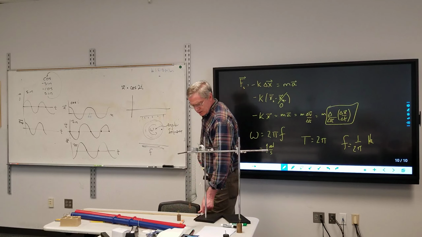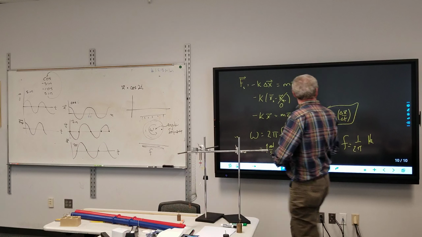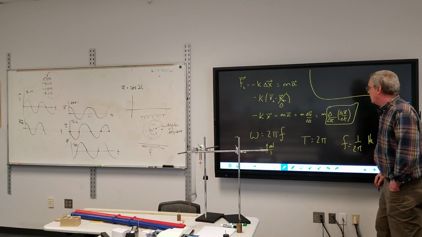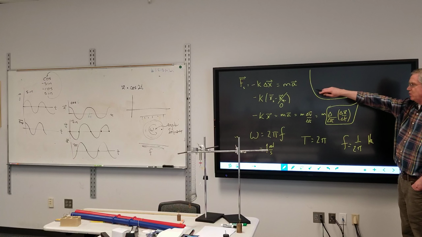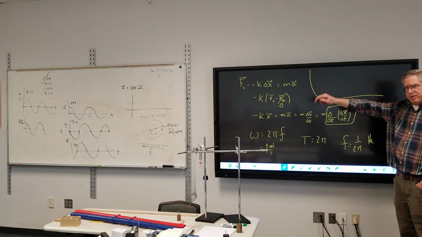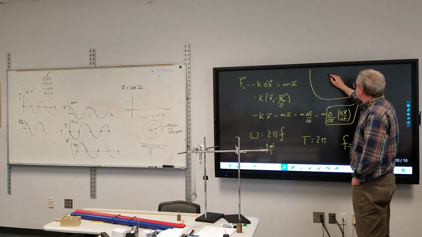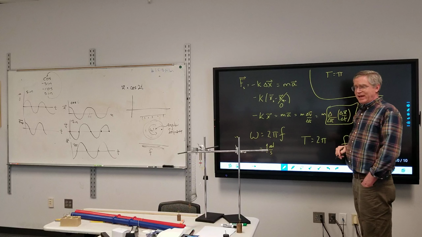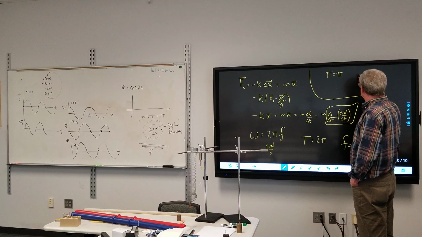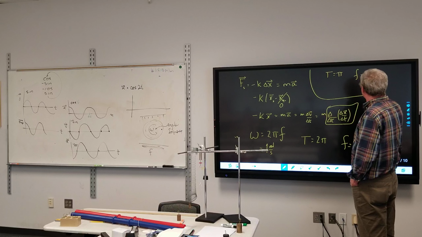If my period is now, so I'm looking at the cosine of 2t, my period has been cut in half. So if my period is now pi, because it's half what it was before, that means my frequency is 1 over pi.